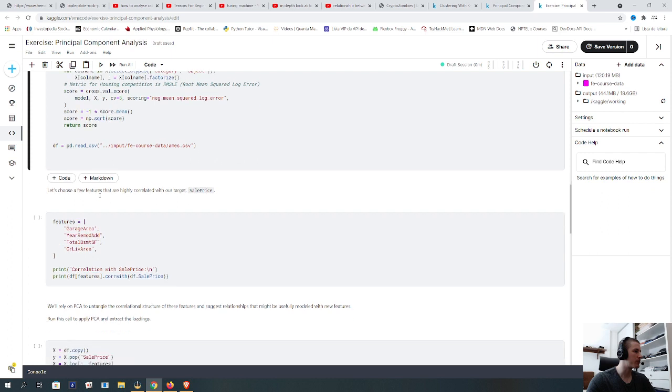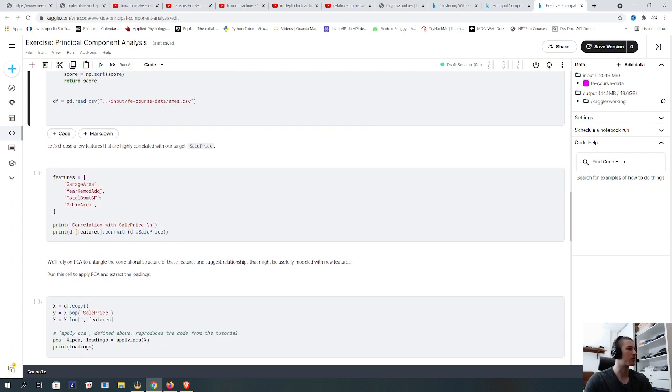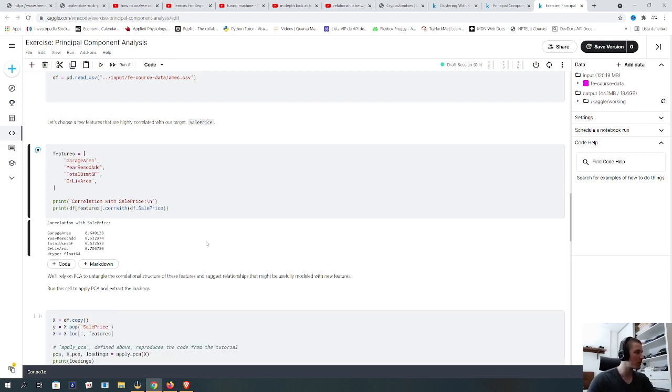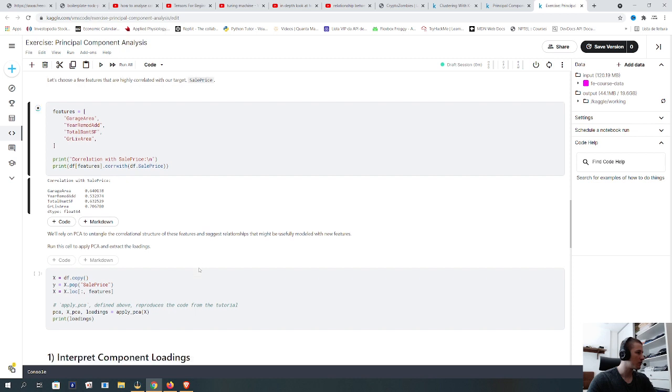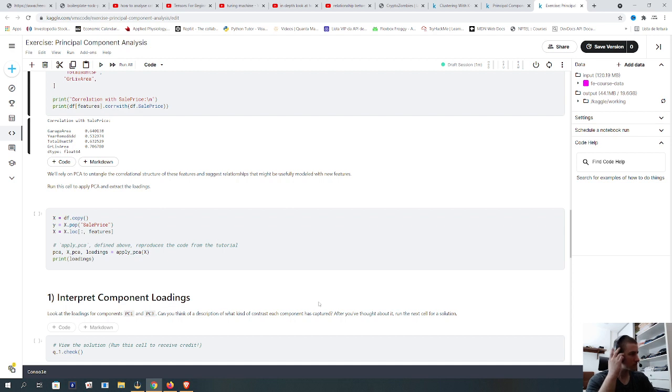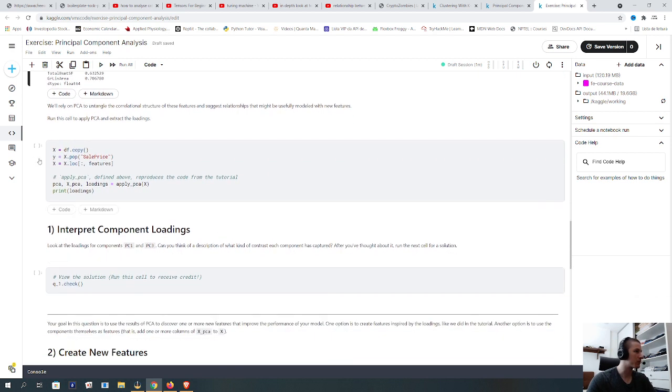Let's choose a few features that are highly correlated with our target, sale price. We rely on PCA to untangle the correlational structure of these features and suggest relationships that might be usefully modeled with new features. Run the cell to apply PCA and extract the loadings.